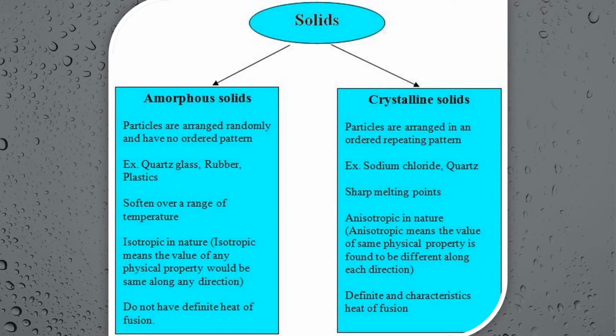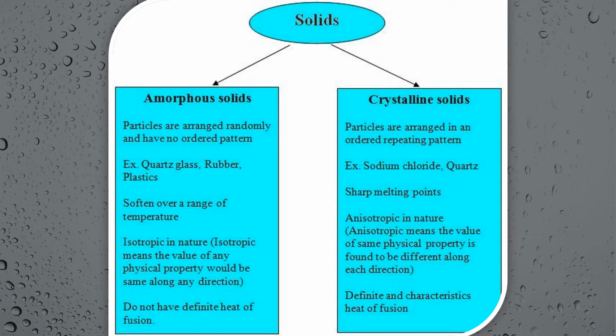The second type of solids is crystalline solids. Particles of crystalline solids are arranged in an ordered repeating pattern. Example: sodium chloride and quartz. Properties of crystalline solids are as follows.